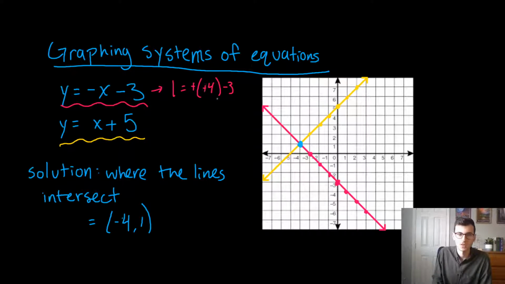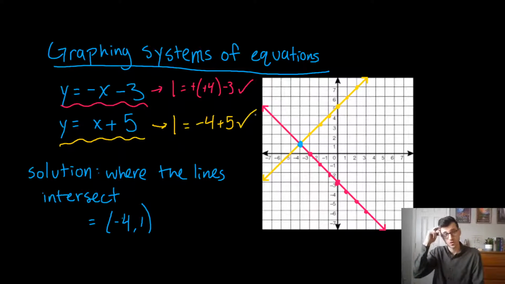That's positive 4 minus 3, and that is 1, right? In the same way, here x plus 5, is 1 equal to negative 4 plus 5? Well, yeah, 5 minus 4 is 1, so that also works. So that's when we say we have a solution to a system of equations, that's what I'm talking about. The fact that my x and my y values are the same for both lines.